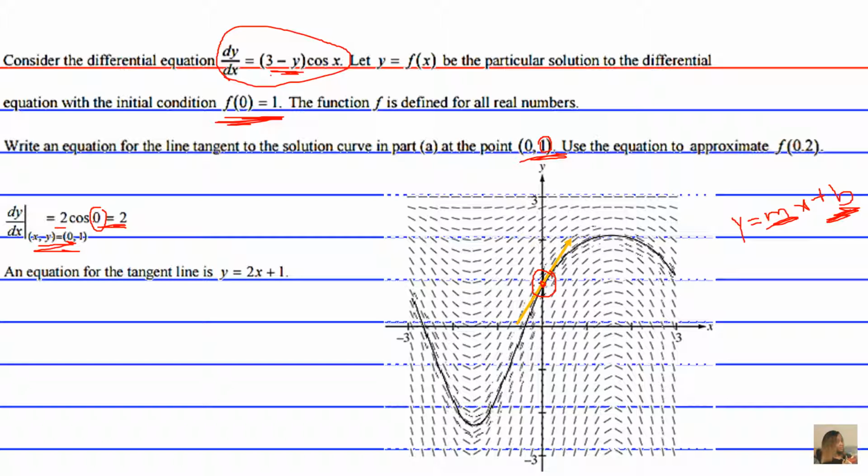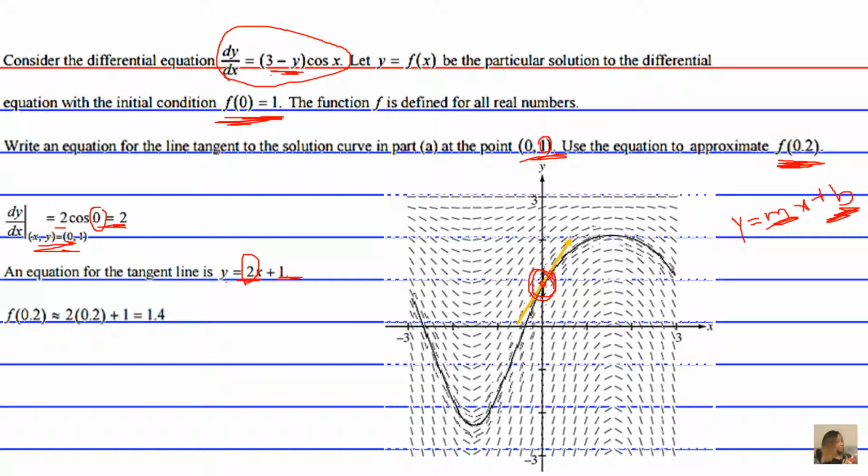So an equation for the tangent line is y equals 2x plus 1. We figured out our m, or our dy/dx, and here we're given our y-intercept. Now let's analyze this equation at f of 0.2, a little bit further out east from 0.